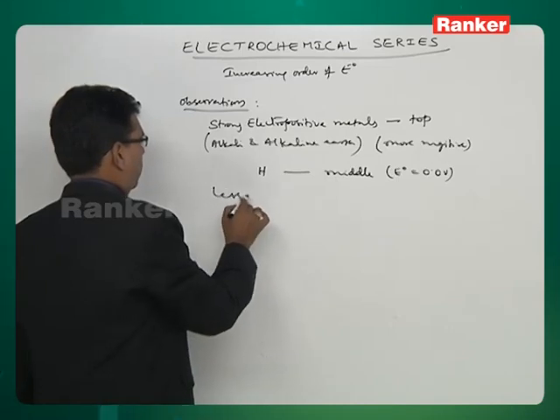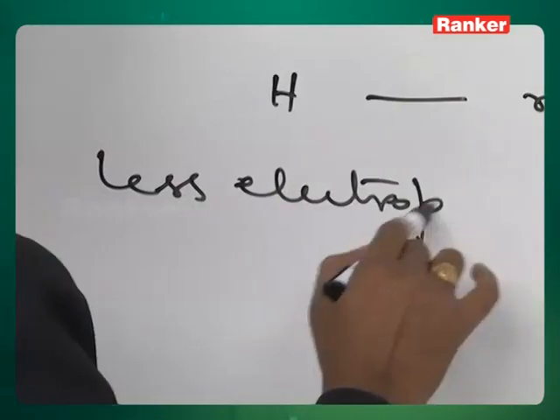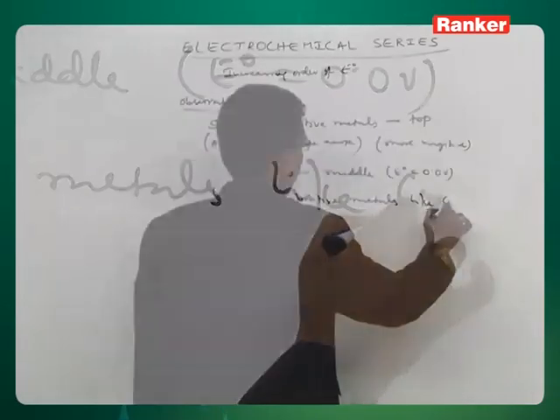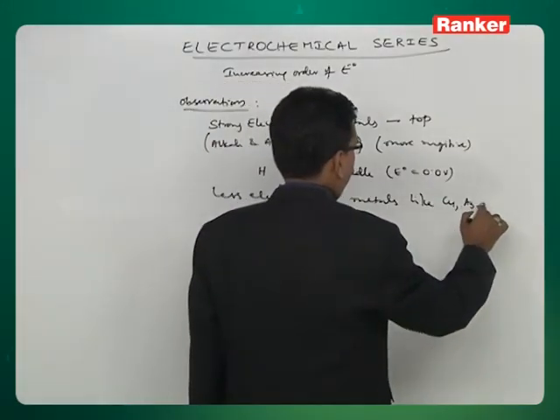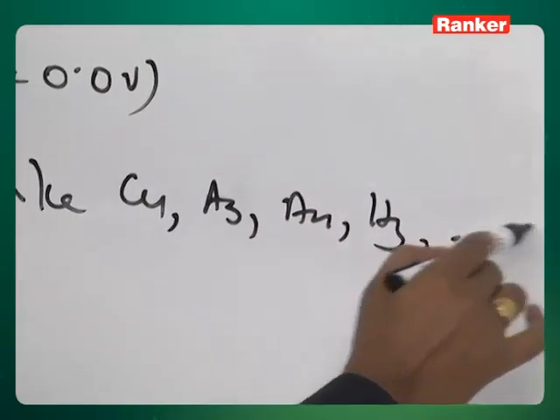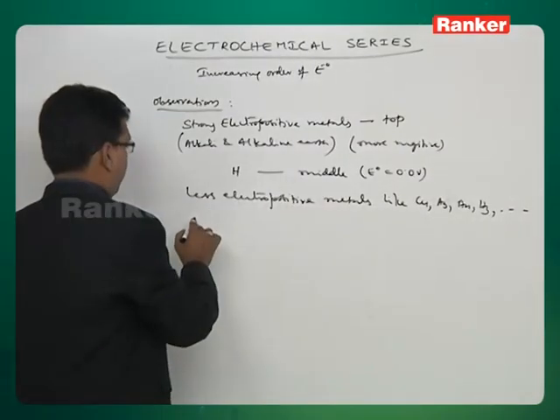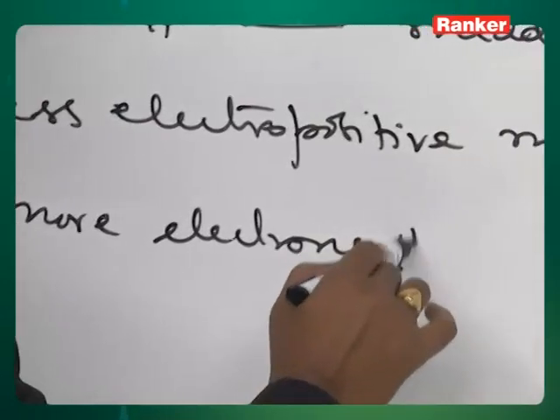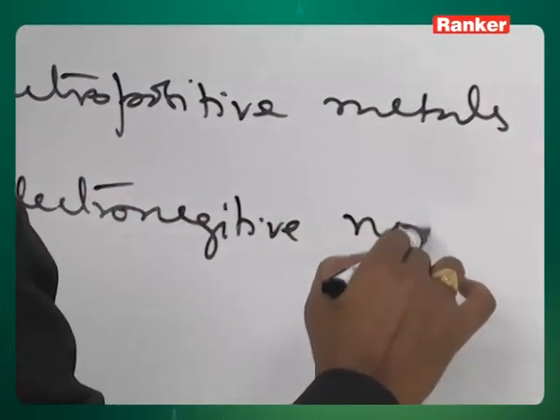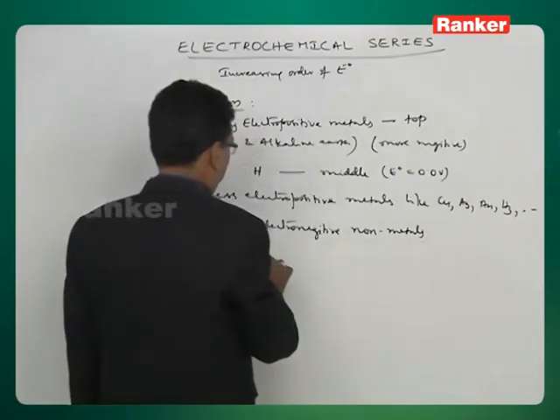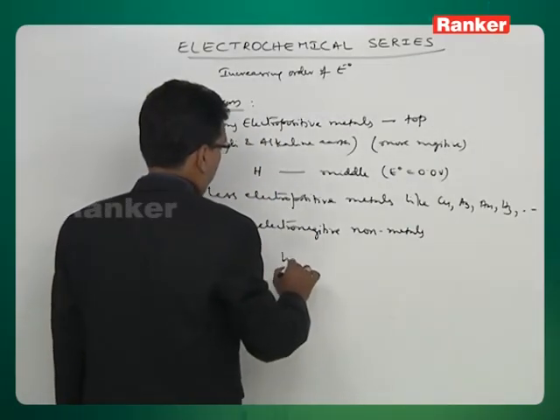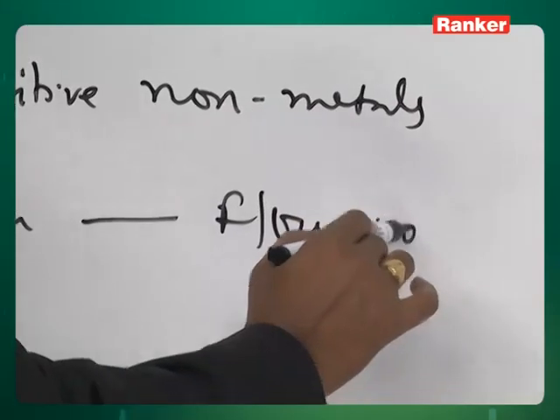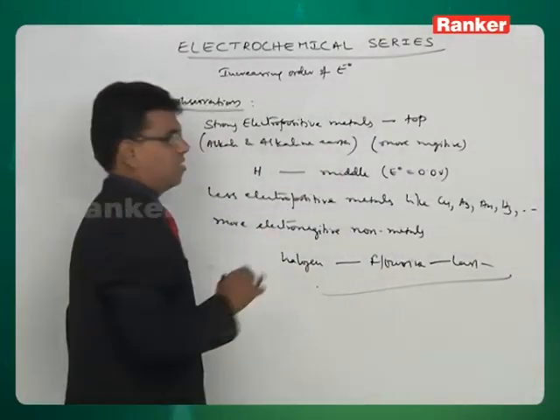Then followed by less electropositive metals like copper, silver, gold, mercury, etc. Then more electronegative non-metals, and finally halogens, fluorine last. This is the sequence.